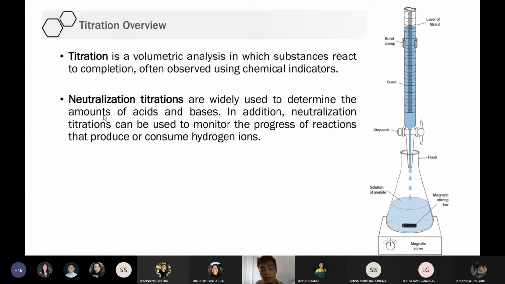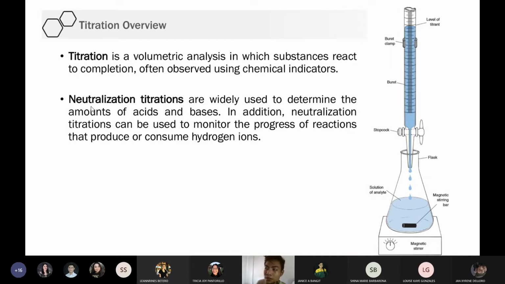There's a neutralization titration, there is a redox titration, there is complexometric titration, there is EDTA titration, so on and so forth. Pag BS Chem kayo, madidiscuss yan lahat. However, medtech tayo, so we are focused sa basics lang.